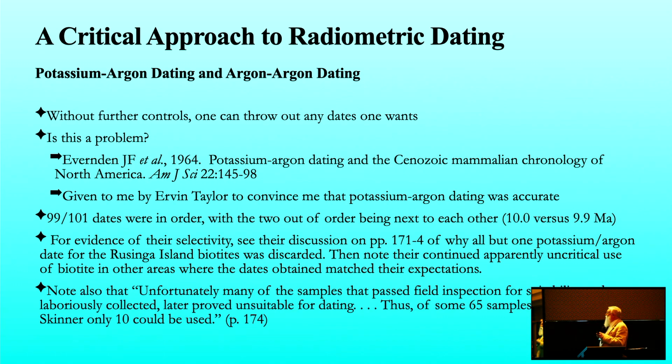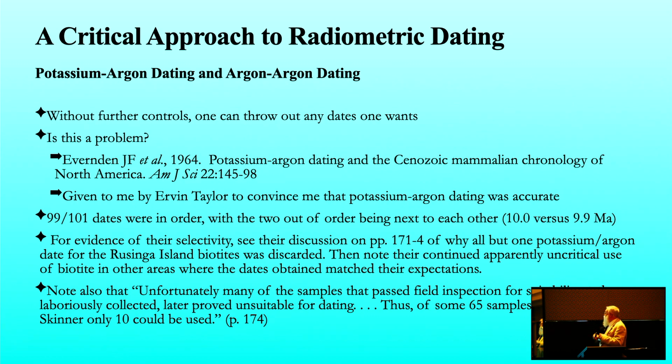So there's also the problem that, and I'm just going to read this and see if you can pick out the problem here. Unfortunately, many of the samples that passed field inspection, in other words, they looked good for suitability and were laboriously collected, later proved unsuitable for dating.